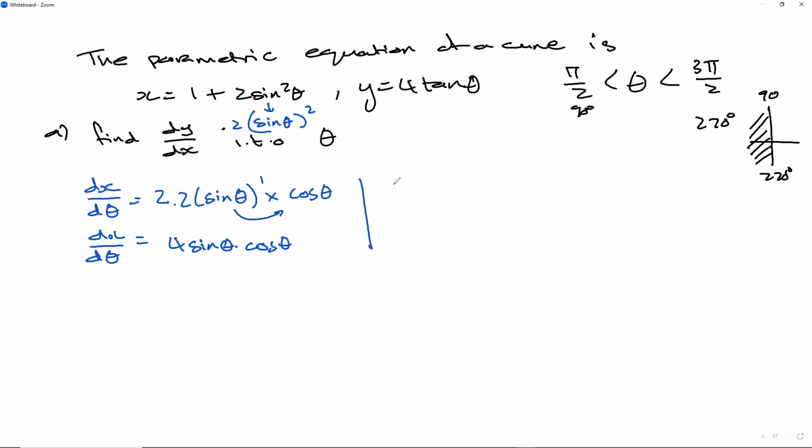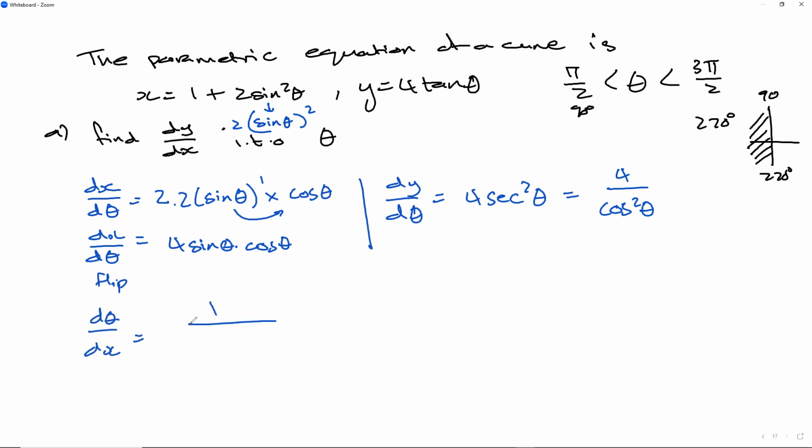Let's move on to dy d theta now. Exactly the same thing. When you derive tan, it becomes sec squared. So that's going to become 4 sec squared theta. And I can rewrite it as 4 over cos squared theta as well. I need to multiply them to cancel it out, so I've got to flip this one over. So d theta over dx equals 1 divided by 4 sine theta times cos theta.